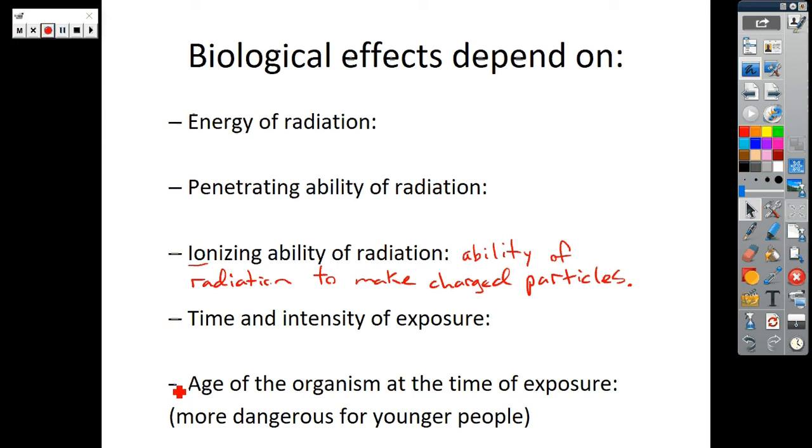So if you've got radiation exposure on an 80-year-old man, he may die of other natural causes before the radiation causes too many problems. But if you have a young child and they get radiation exposure that causes cancer, then that cancer is going to have a lot more time to grow. And so that's going to make it a lot more dangerous for younger people.